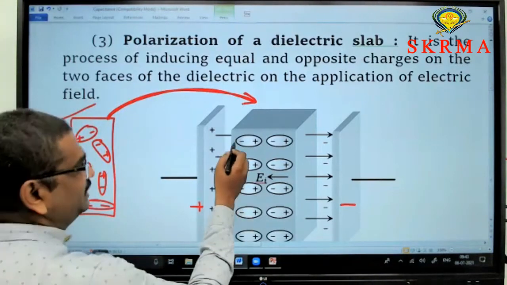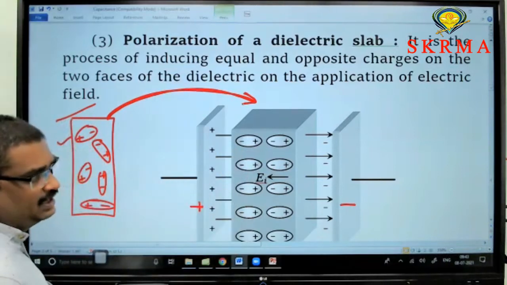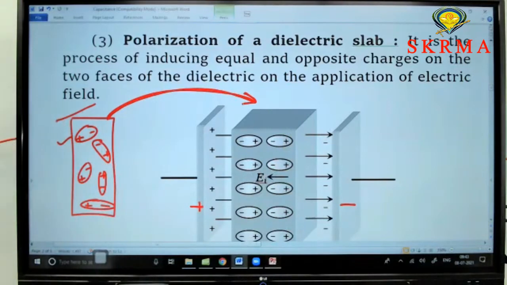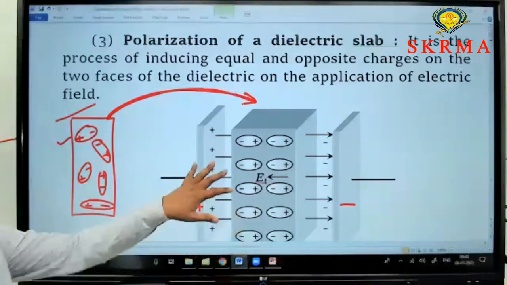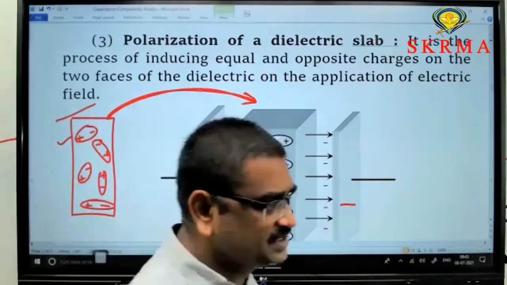So negative charges appear at the positive plate and positive charges appear at the negative plate. This alignment is called polarization, or this process is called polarization.